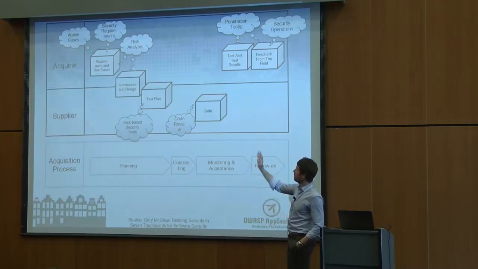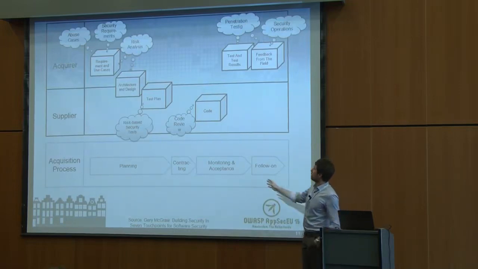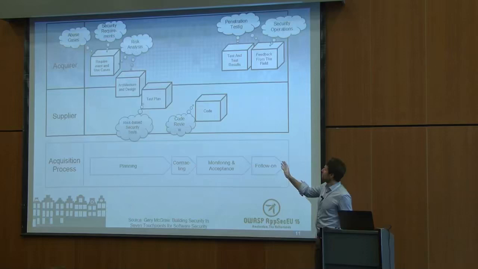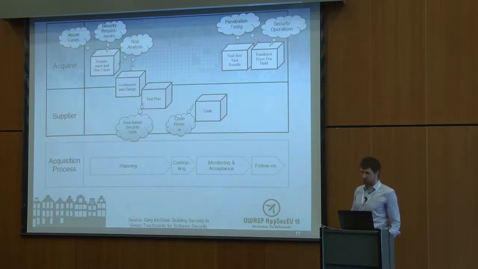Contracting doesn't really have an equivalent in the software development lifecycle, because it's just the development lifecycle, not the whole software lifecycle. Monitoring and acceptance is, from our point of view, mapped to coding and testing and acceptance. And then feedback from the field is part of follow-on in the acquisition process.